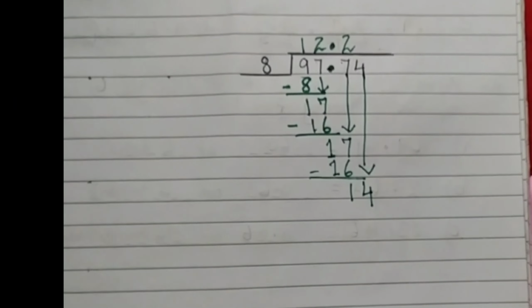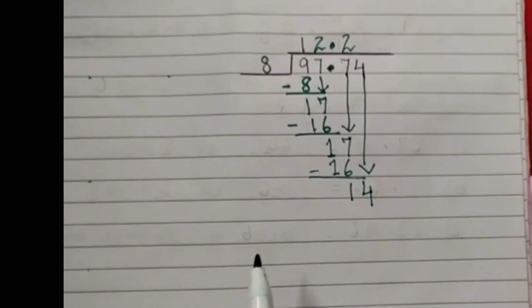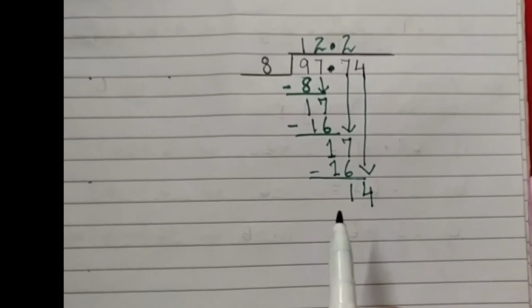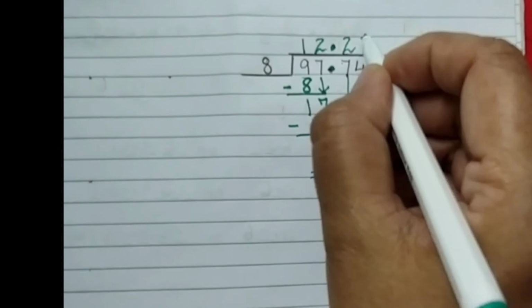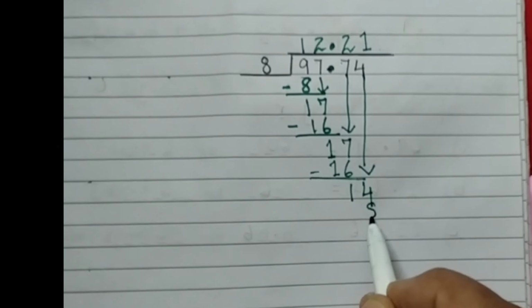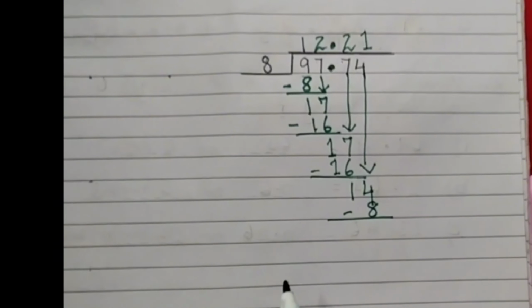8 ones are 8, 8 twos are 16, 8 threes are 24. I don't think 8 twos or 8 threes can be the answer. So I will just choose 8 times 1. 8 times 1 gives me 8. 9, 10, 11, 12, 13, 14.